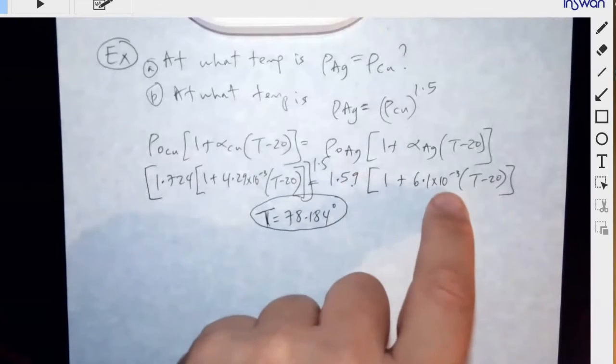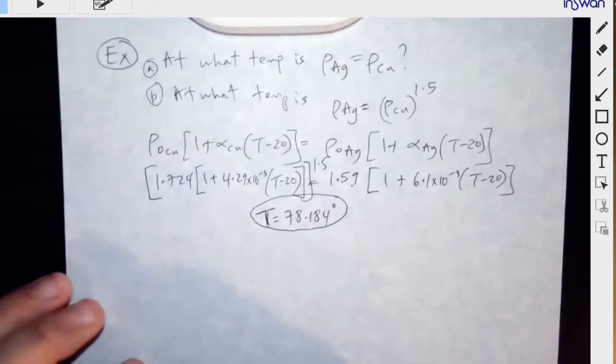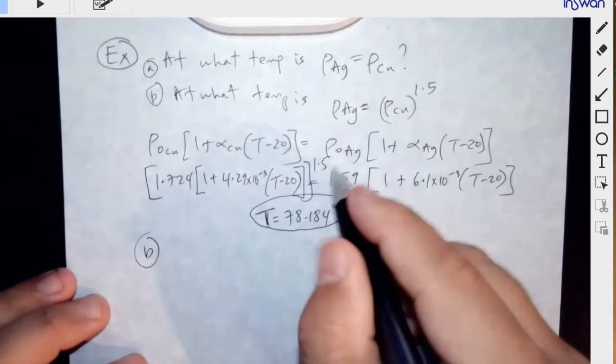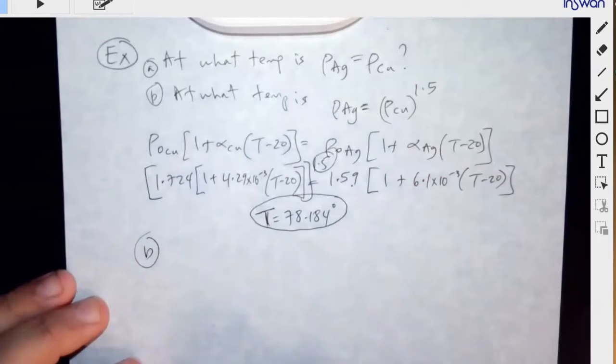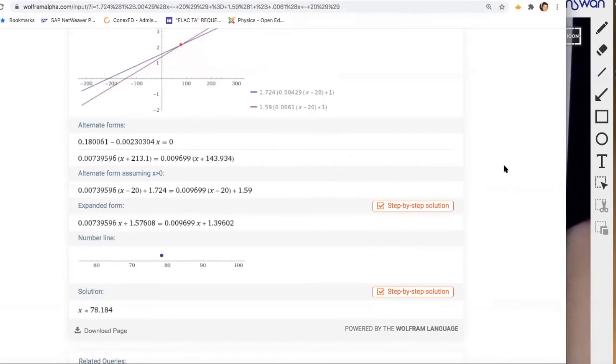The more I heat this, the more it's going to overtake that. So in question B, we just do the whole thing, but then put a 1.5 there. So it's probably going to be something in the 100, I'm assuming, 100-something Celsius.